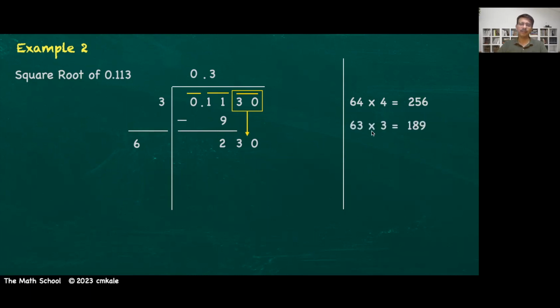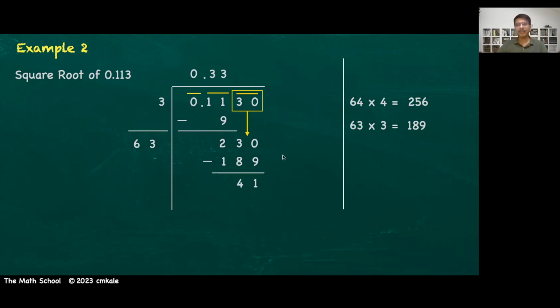Let us try 3. 63 into 3 is 189, which is less than 230. So yes, this will work. Let us put 3. So 230 minus 189 gives us 41. And we have the second digit of our solution, which is 3. So therefore, the square root of 0.113 is 0.33.